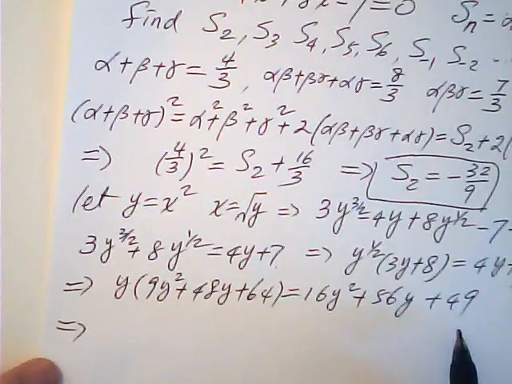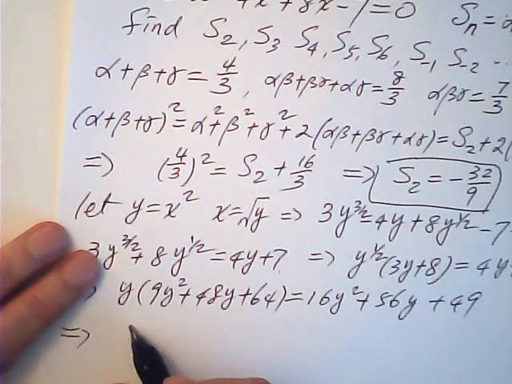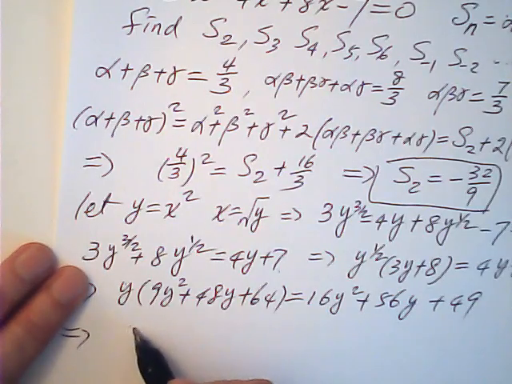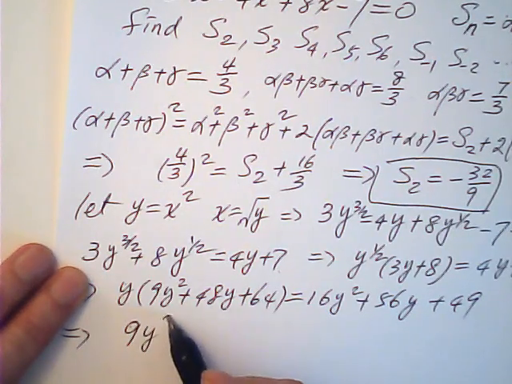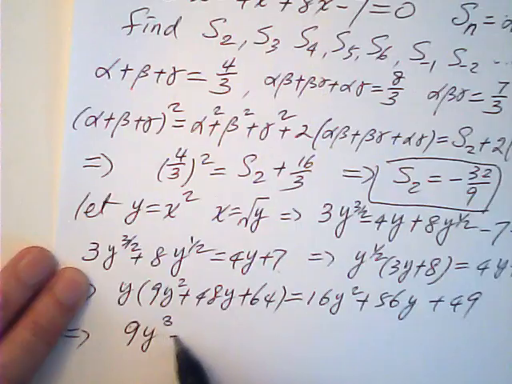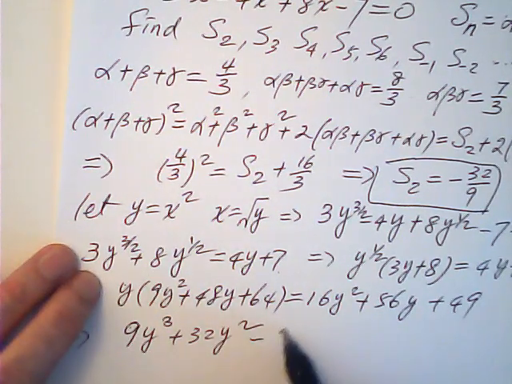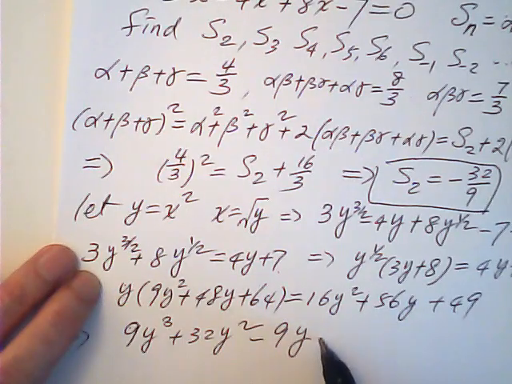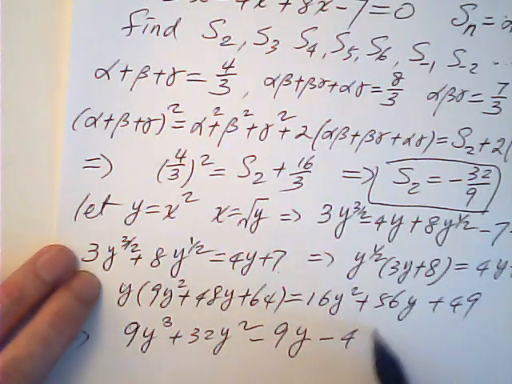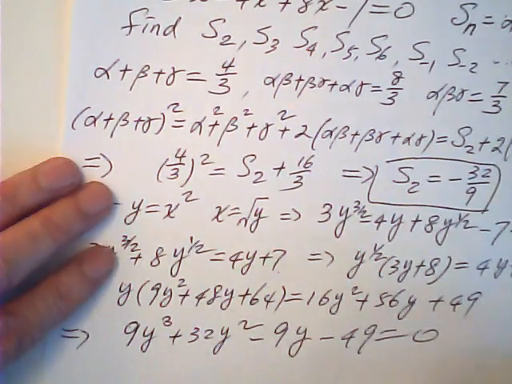So we simplify to have a new cubic equation, which is 9y cubed plus 32y squared minus this, minus 49 equals 0.